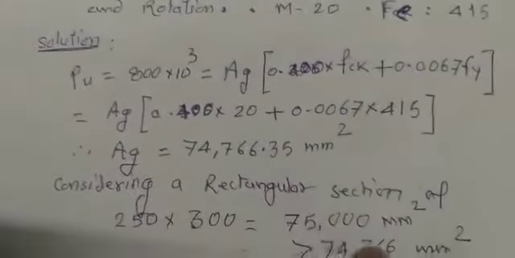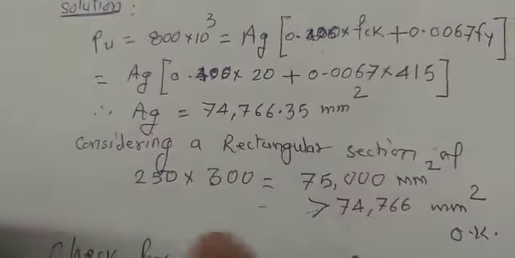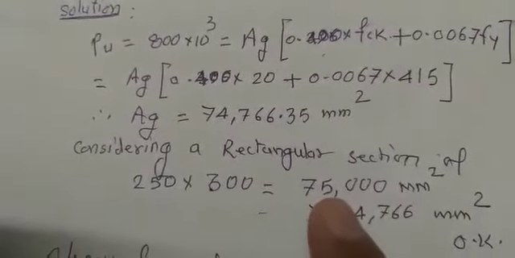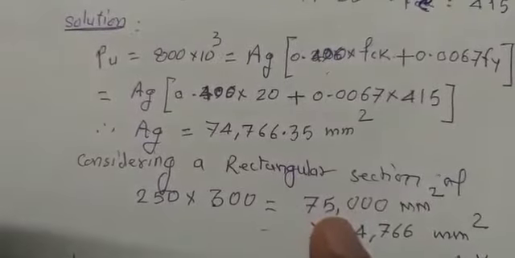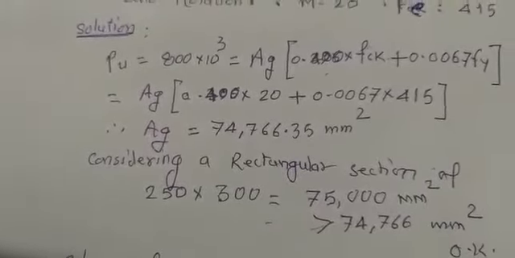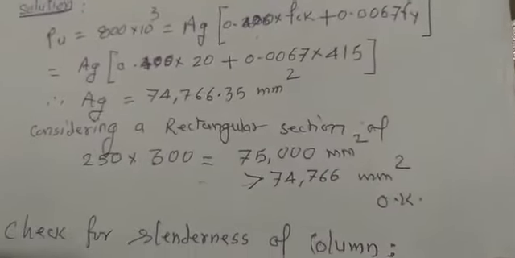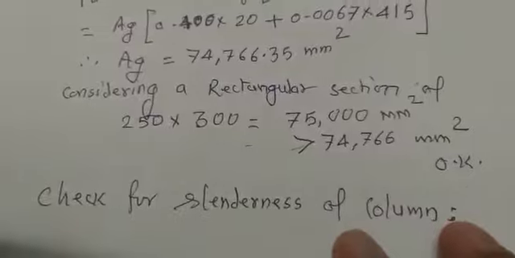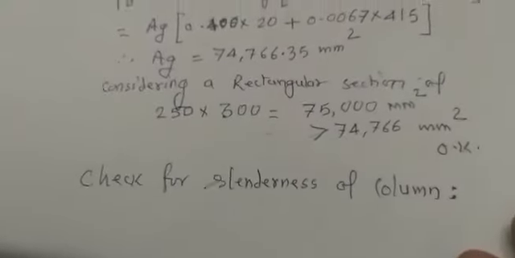Now considering a rectangular column, the section may be taken as 250 by 300, and the total area comes out to be 75,000 mm square, which is more than the required 74,766 mm square. So from the cross-section point of view, our design is okay.